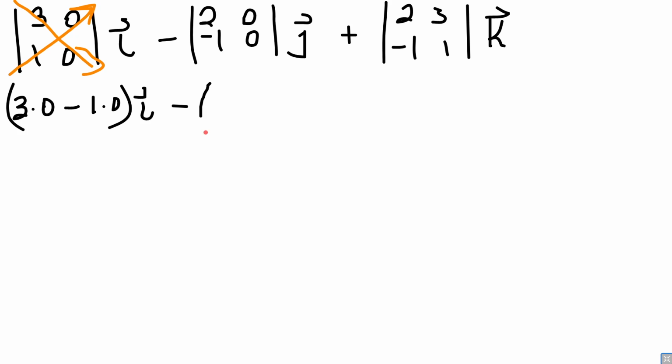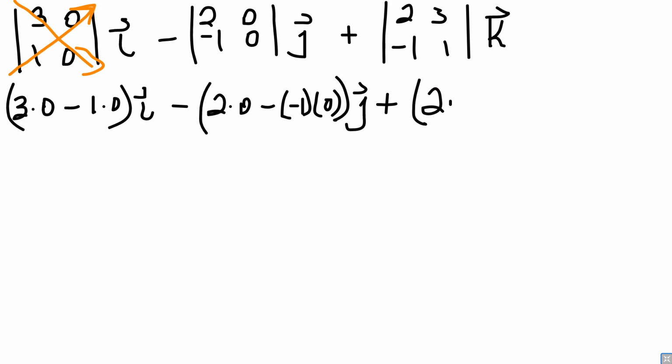Minus. Then for the next one, it's going to be 2 times 0 minus -1 times 0, and that is in the j direction. Plus, for the last one, it's going to be 2 times 1 minus -1 times 3, and that's in the k direction.